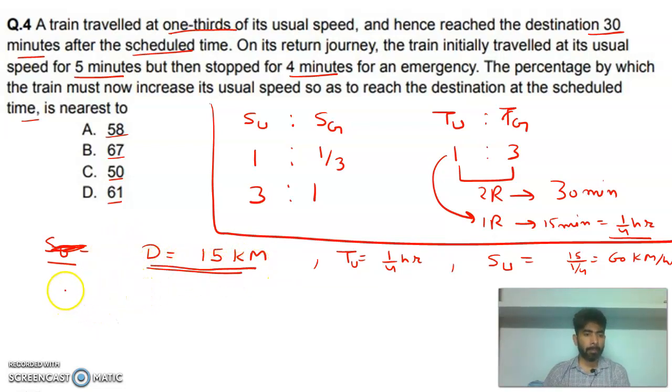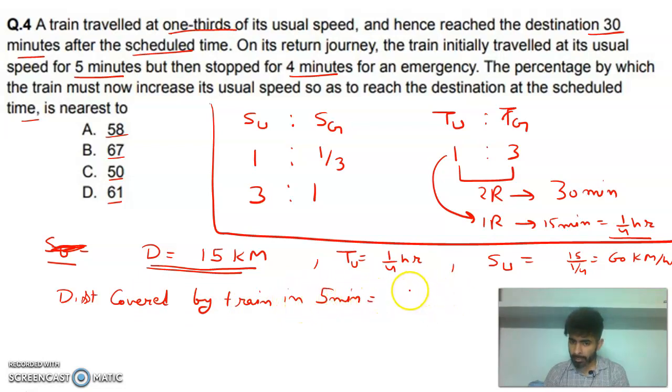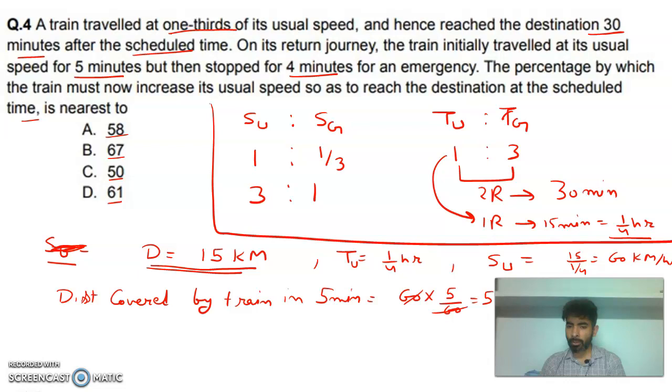Now for the first 5 minutes, how much distance will the train cover? The distance covered by the train in the first 5 minutes will be speed into time, so 60 into 5/60, because time is in minutes and you need to convert it into hours.